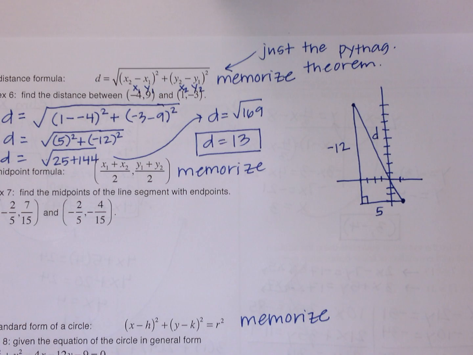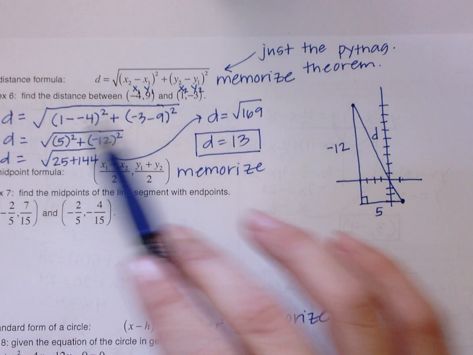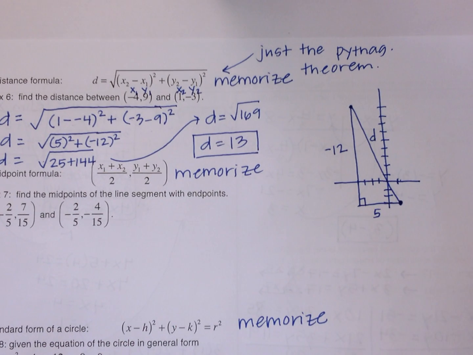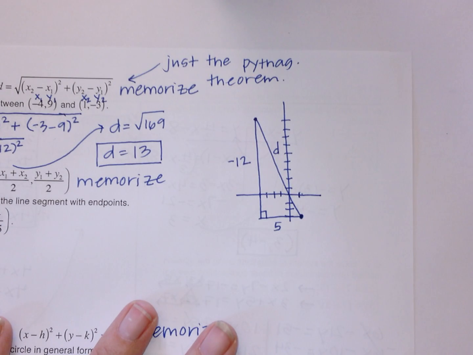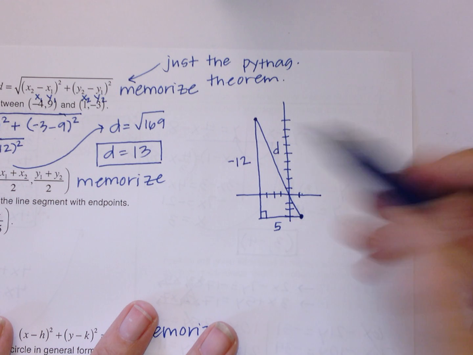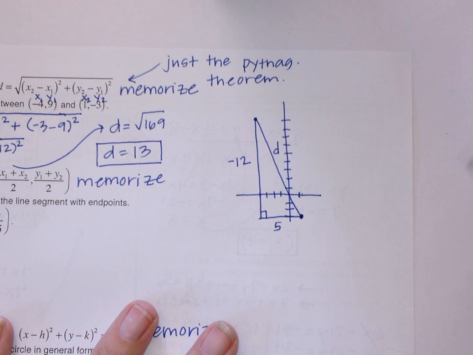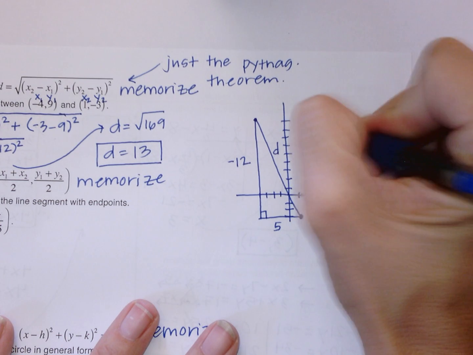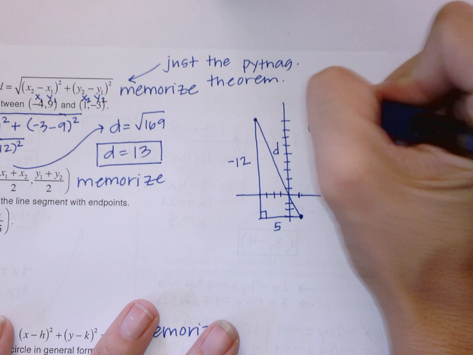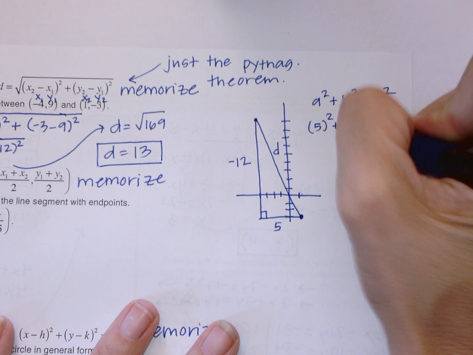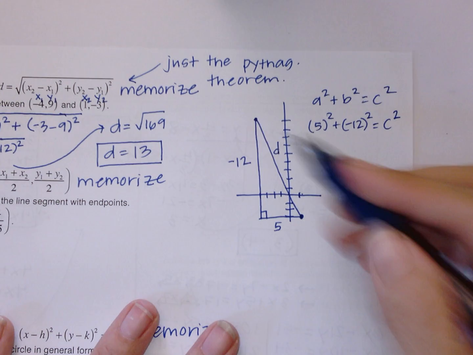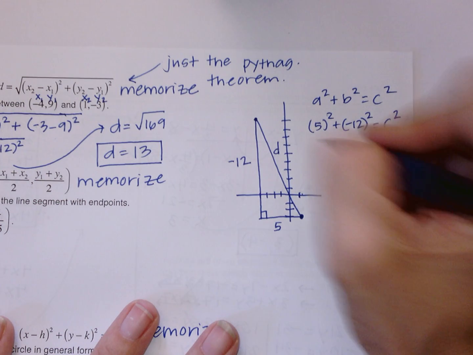So the distance formula is just calculating that using subtraction without you having to draw a picture. But let's say I asked you to use the Pythagorean theorem to find the length of that triangle, and you would probably go, oh, a squared plus b squared equals c squared. And you have to recognize that c is always the length of the hypotenuse.